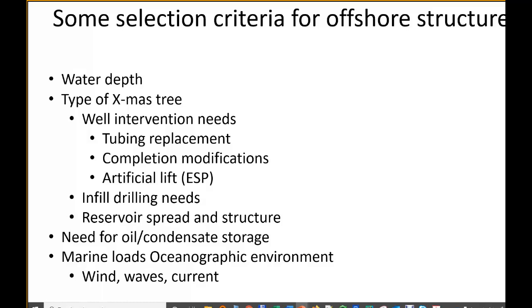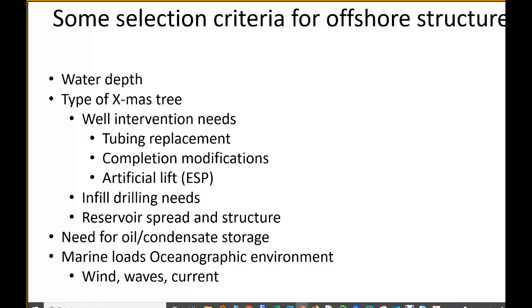It depends on what your well intervention needs are, what kind of equipment and completion you have in the well, and if you need to do frequent intervention. Typically for subsea wells, if you only need to intervene maybe every 10 or 15 years, then it's okay to do it with that frequency. But if you have to do it every year or every 2 years for some reason, then it's good that you have a way to make cheap intervention.